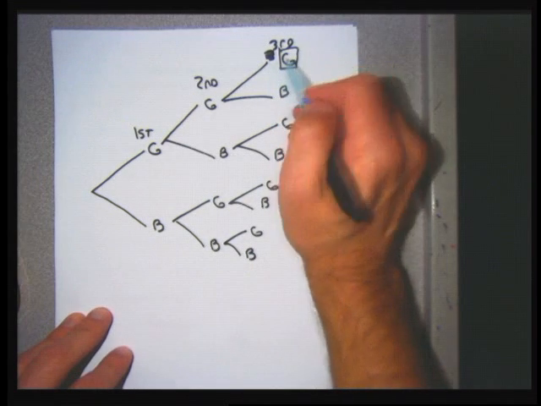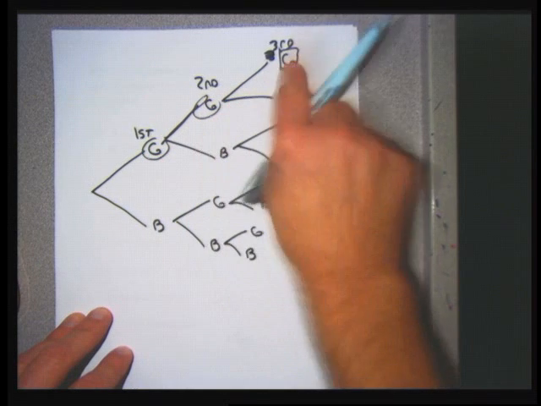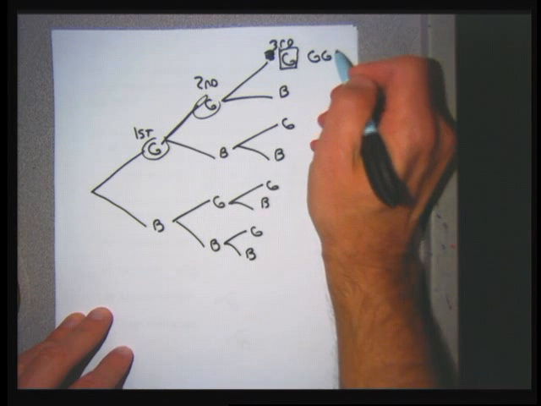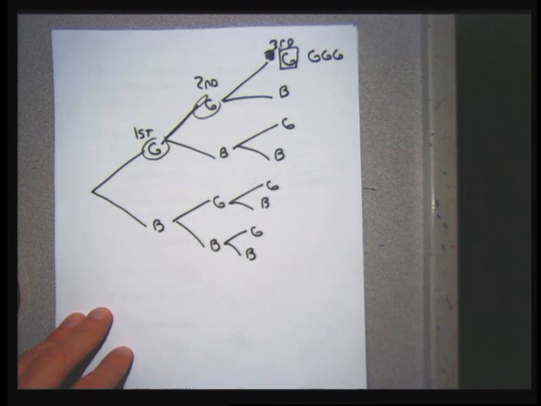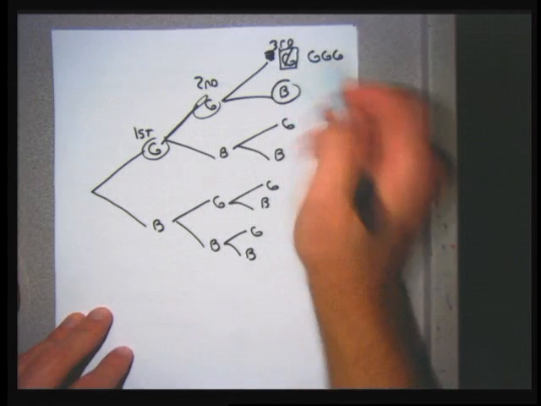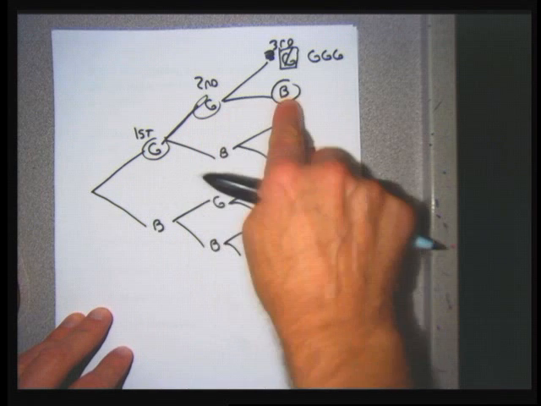To get to this G right here, the path I'm going to have to follow is girl first, girl second, girl third. So this G, the sample space element it's going to have is girl first, girl second, girl third. Done with this, move down to this B. To get to this B, I had to have girl first, girl second, boy third.